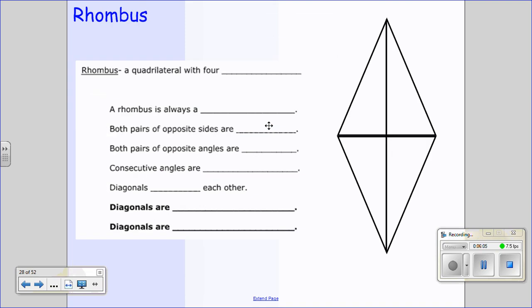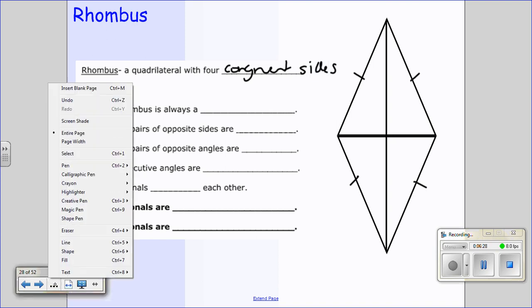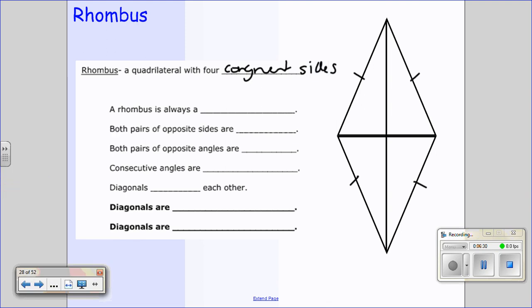Now we're going to talk about the rhombus. The rhombus is a quadrilateral with four congruent sides. So all four sides get a single tally because they're all congruent. A rhombus is always a parallelogram, meaning opposite sides are parallel.